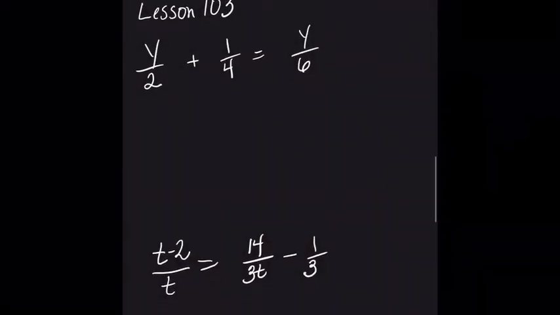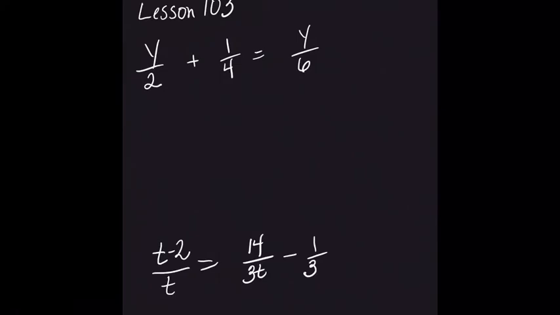For lesson 103, we have these complex equations that are similar to some equations that we did in lesson 78. We are going to be able to solve for a variable by eliminating the denominators.